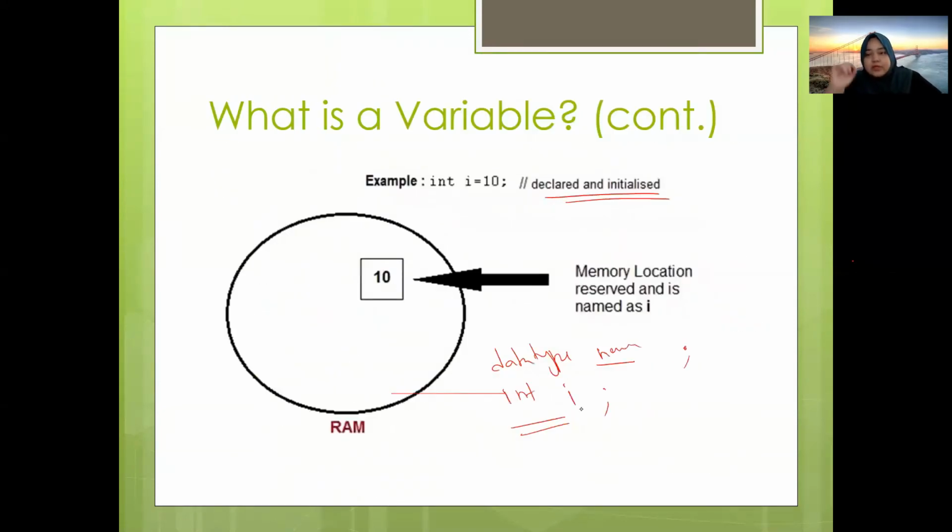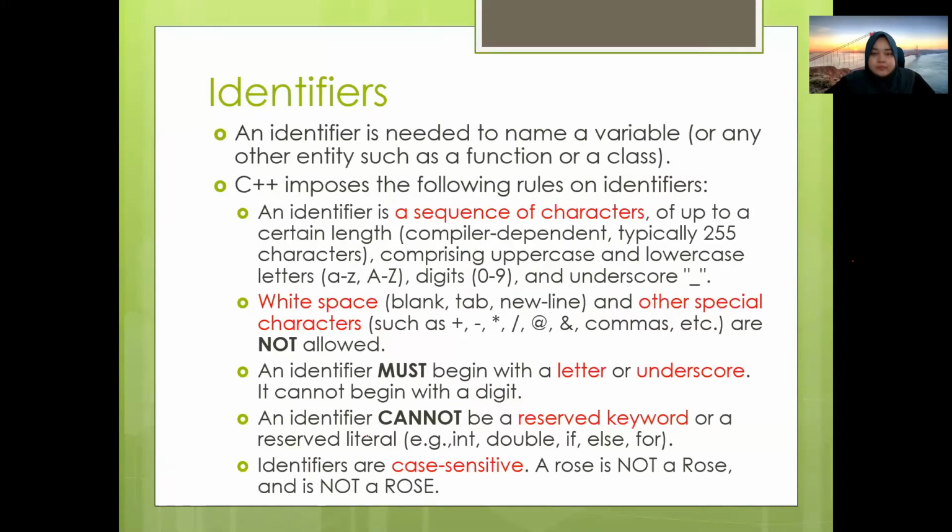Okay, maksud variable declaration adalah kita nak wujudkan satu memori yang nama dia adalah I. Okay, kalau initialize ni maksudnya kita masukkan nilai ke dalam variable itu. So 10 akan disimpan dekat dalam memory I. Okay. So memory location reserved at its name as I, dekat dalam RAM. Okay. So this is very important guys.